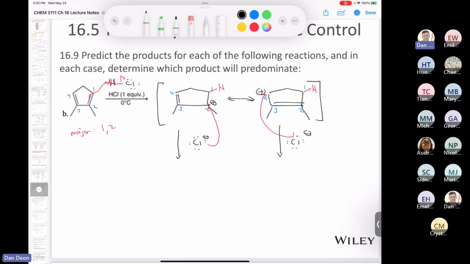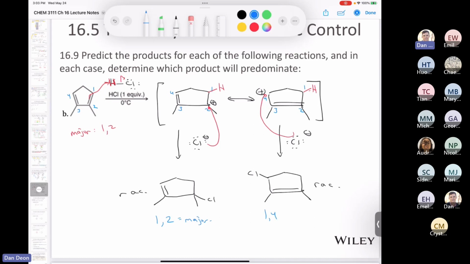And I'm going to end up with a pair of racemates, aren't I? Again. So I can get this guy, which is the 1,2 adduct, and I can get this one, which is the 1,4. So this is racemic, this is racemic. So this is my 1,2. So this is going to be my major product, right?